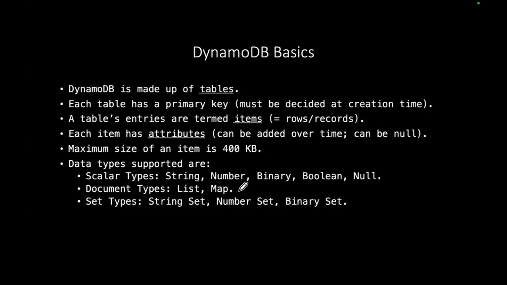We'll keep it fairly simple, where I think all of our tables will have attributes that are scalars. This module is not really about database design or anything like that, although that aspect of DynamoDB is actually quite interesting when you start digging into it. But we just don't have time for that. We keep it fairly simple.